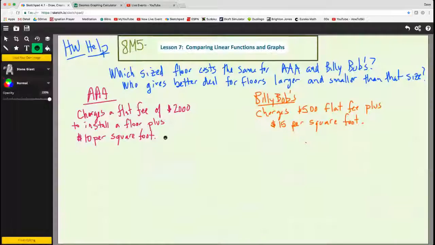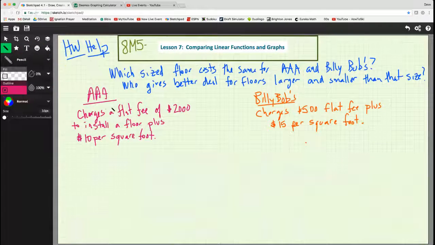All right, final question. We have two companies that install floors at your house. AAA, and they charge a flat fee of $2,000 for coming out and doing the job, and then they charge $10 per square foot.